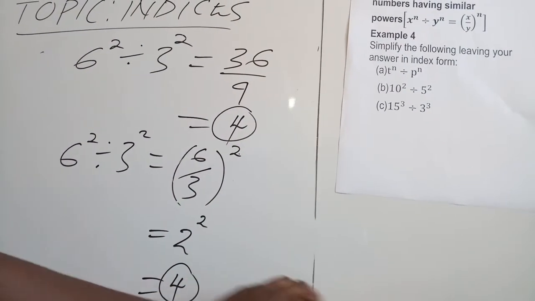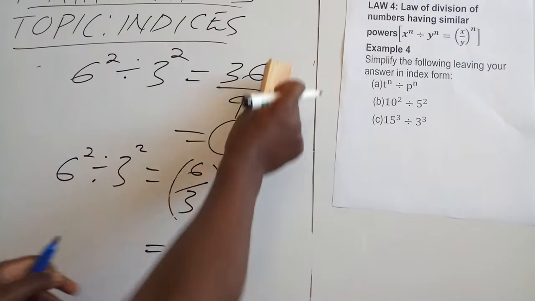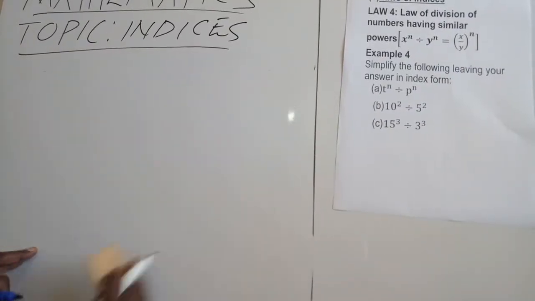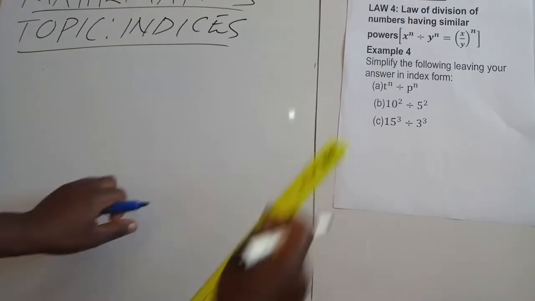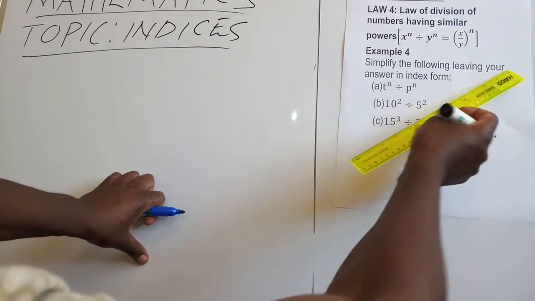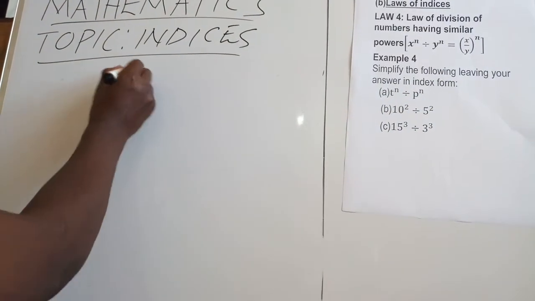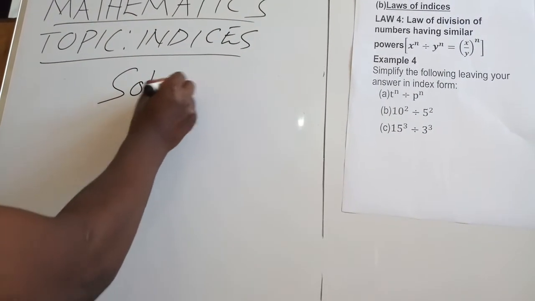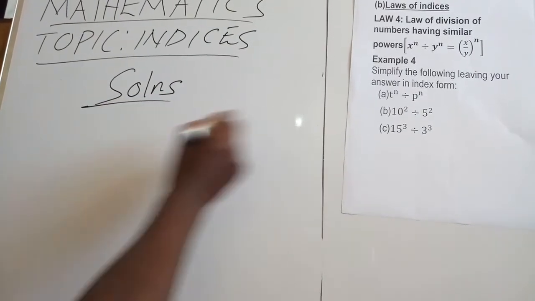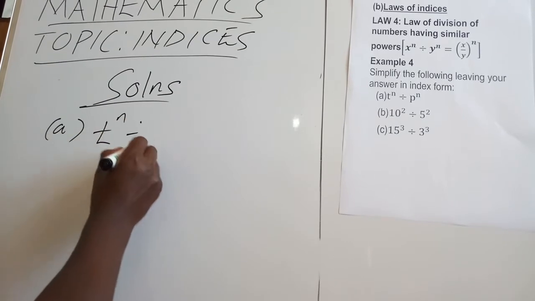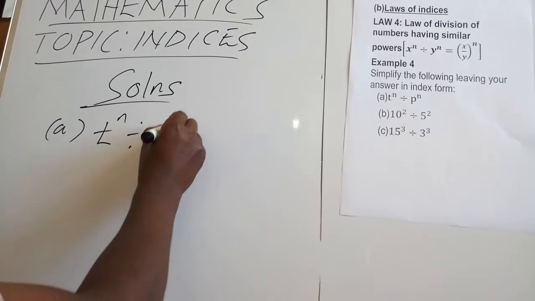Having covered that illustration, we go to our example number 4. The question is, simplify the following, leaving your answer in index form. For the solutions, we have part A, t power n divided by p power n.